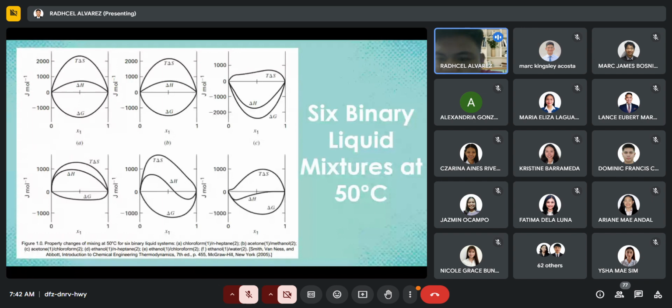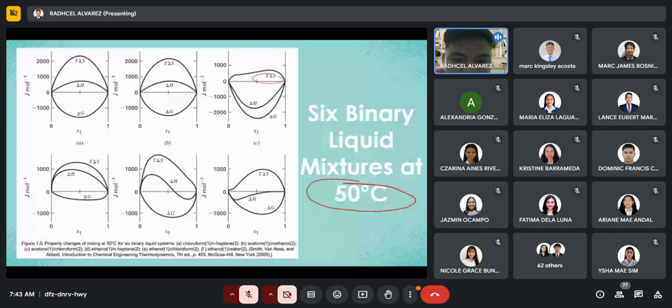That's why we come up with your excess enthalpy, Gibbs free energy, and your T delta S. Again, this graph is based at 50 degrees Celsius at approximately atmospheric pressure.